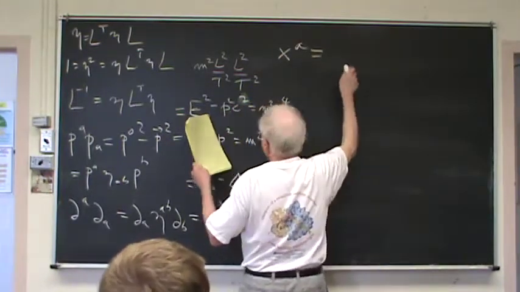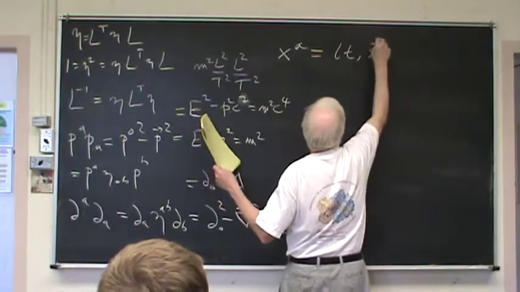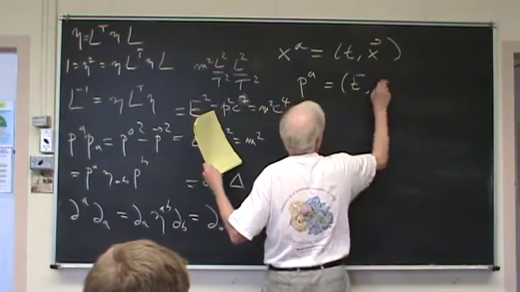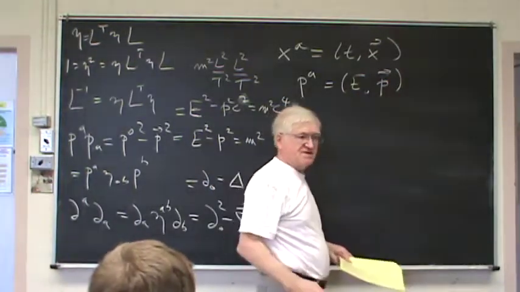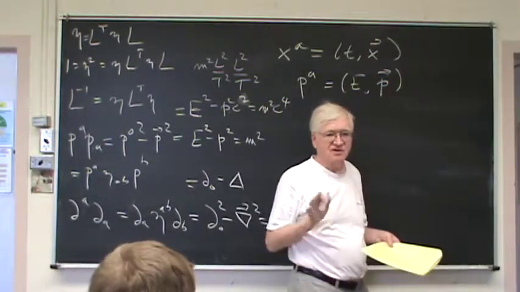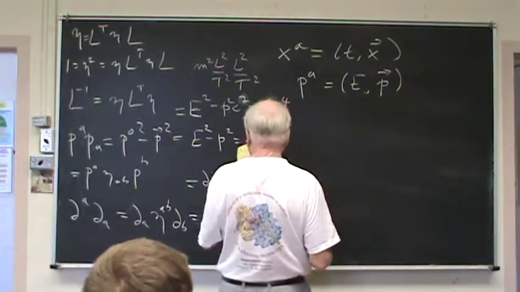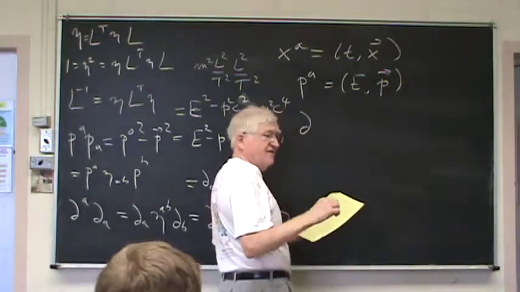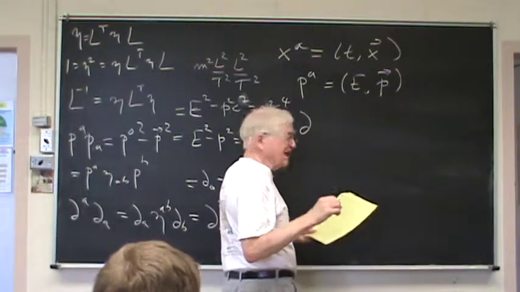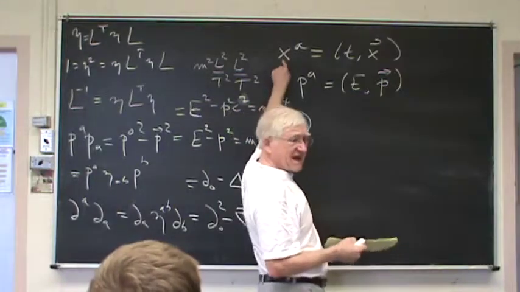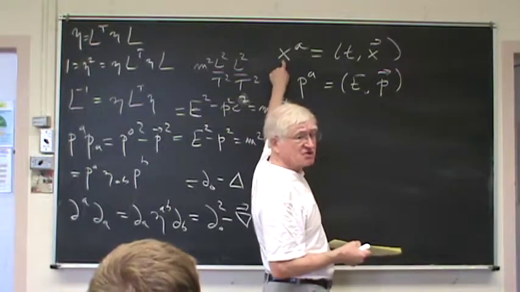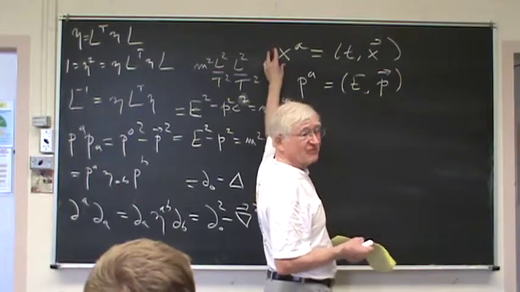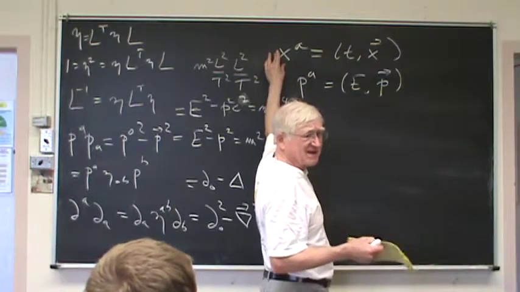So we have x^A, this is (t, x), and p^A is (E, p). All the signs are positive if the particle is going in the positive direction. Derivatives come out positive if they're in their natural place. Remember, the reason the A is up is that differentials are contravariant, which means up, and x is just a big differential. Because we're in flat space, it doesn't matter.